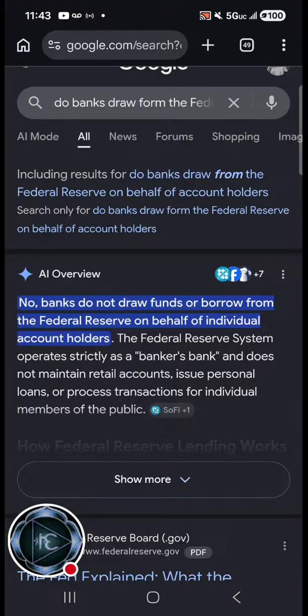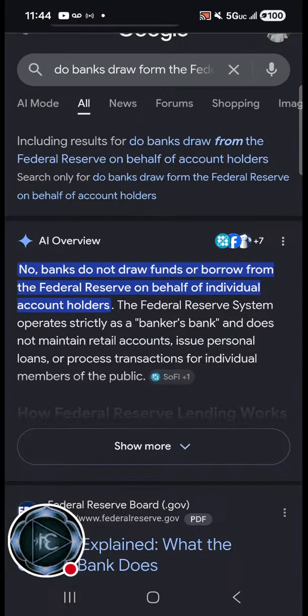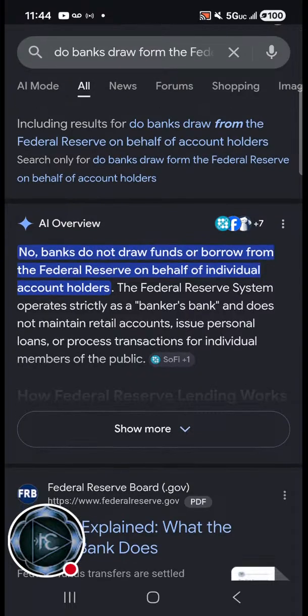They're drawing funds on behalf of the individual account holders, okay? And so those are two separate things, drawing and borrowing, but they put them together to confuse you and said the answer was no.